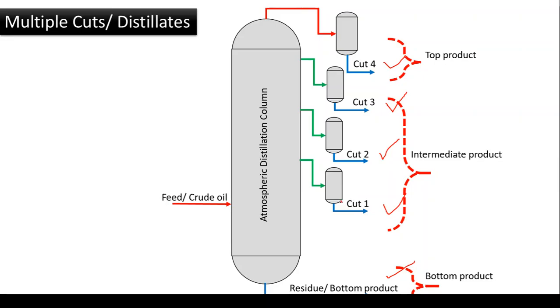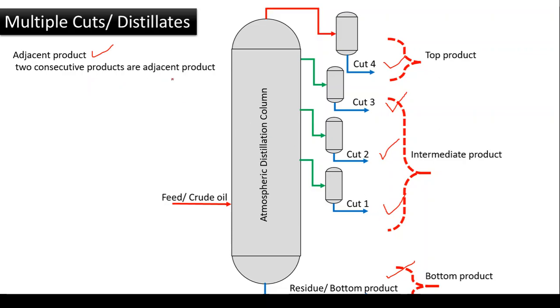Now the second important term that we are going to use in the atmospheric distillation column is the concept of adjacent products. Adjacent products, as the name suggests, are 2 consecutive products that come together.